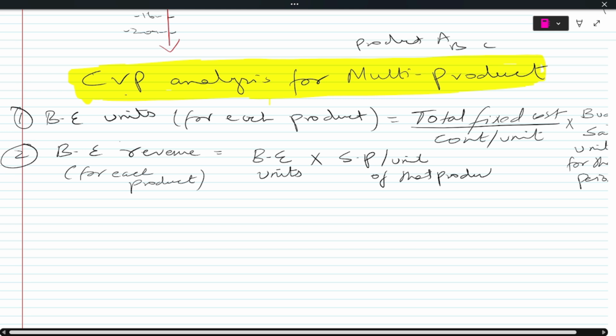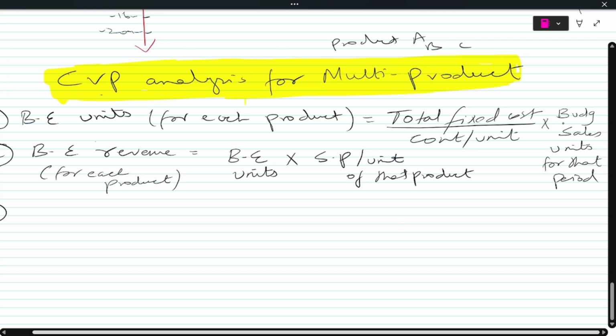That's it. So you can see that the formula is the same as what we have learned in the single product, that you just take the break-even units and multiply by the selling price per unit. But the problem is that the break-even unit formula is different, because over here you're multiplying budgeted sales unit for that period also, which was not the case in the single product, right?